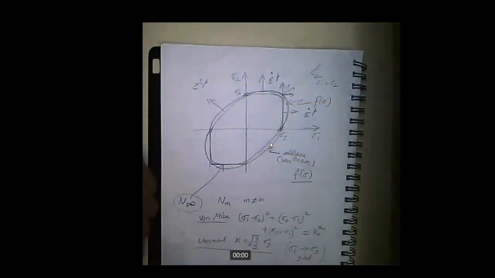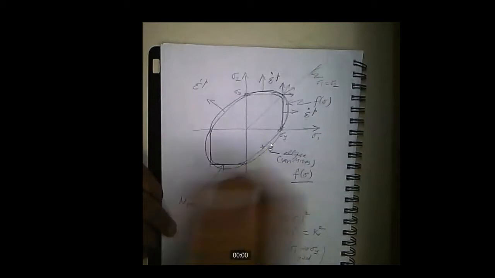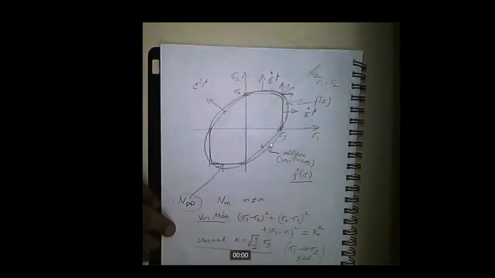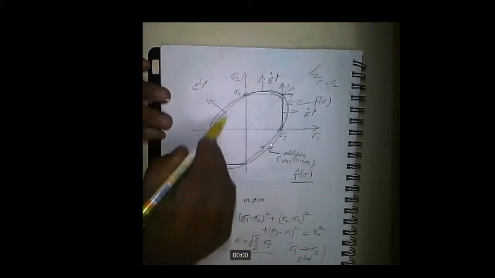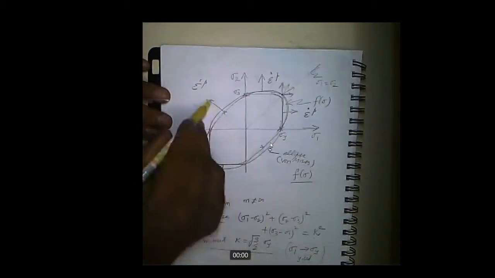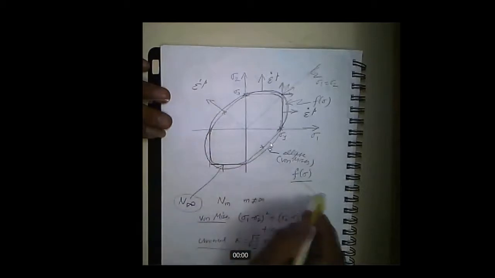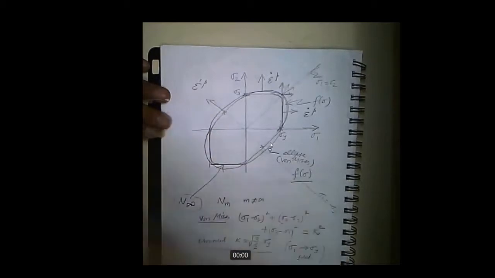In this case, I have done a uniaxial tension test, and I'm trying to match using the uniaxial tension test, and therefore I got this. Supposing I did something else, say a pure shear test, pure shear lies along this line, where sigma 1 is equal to minus sigma 2.